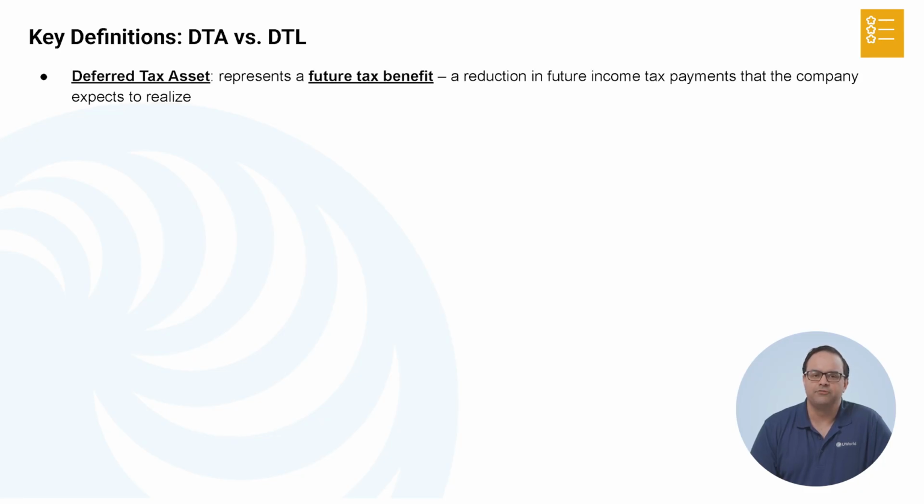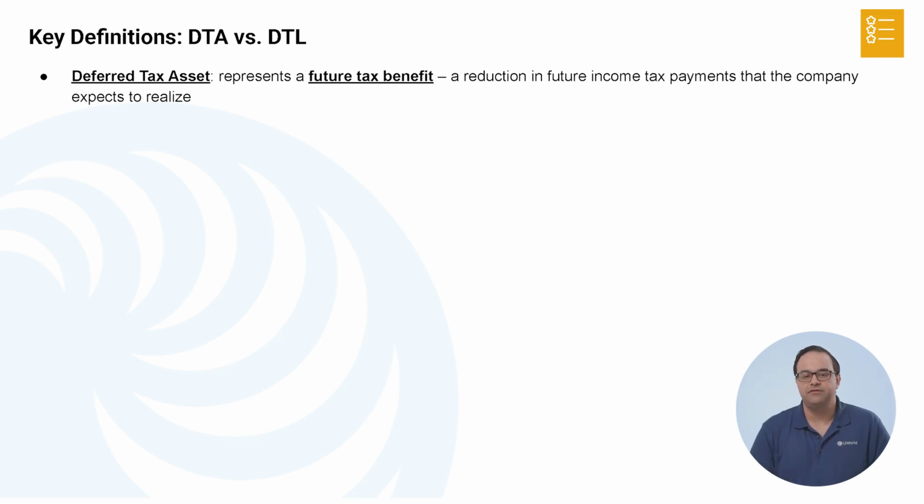So again, a deferred tax asset represents a future tax benefit. That's the key here. It's a future tax benefit that arises due to timing differences between GAAP financial reporting and taxable reporting. So in this case, there's an expectation of a reduction in future income tax payments that the company expects to realize in future years.